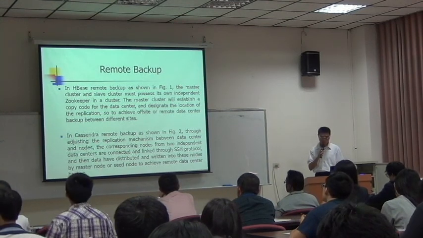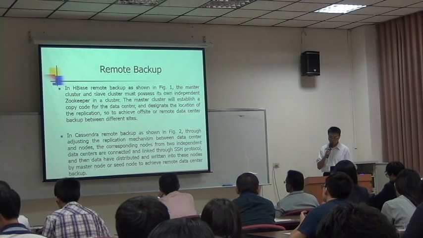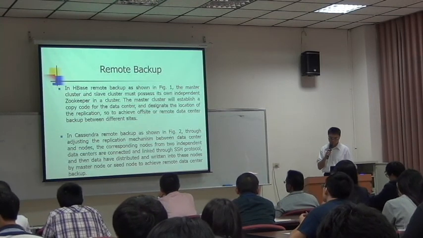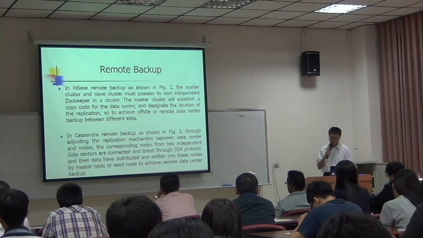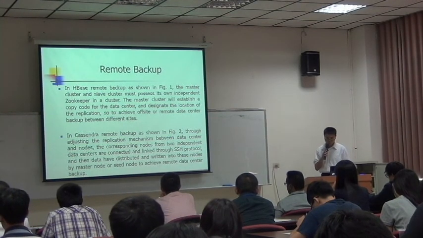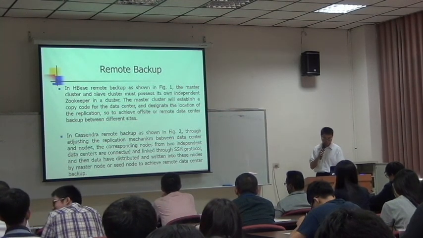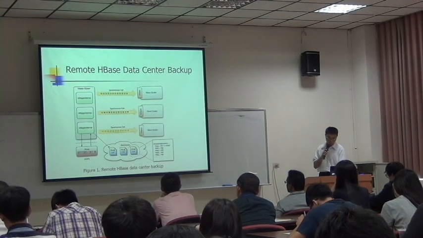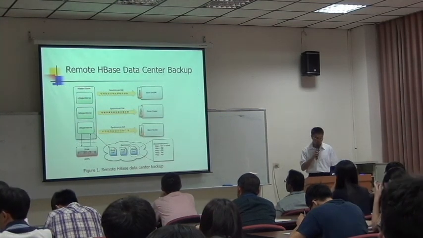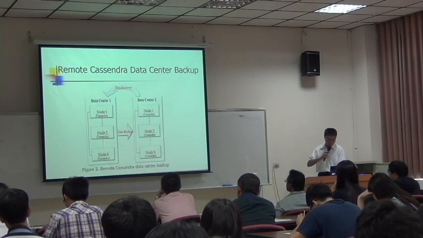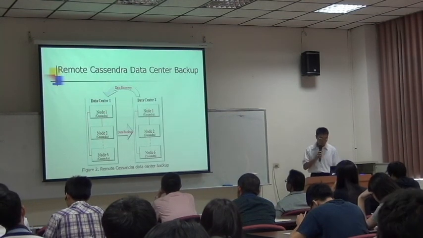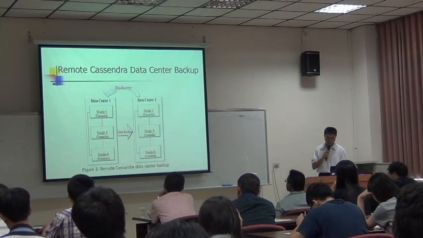Then data is distributed and written into these nodes by master nodes or seed nodes to achieve remote data center backup. This is Figure 1, remote HBase data center backup, and this is Figure 2, remote Cassandra data center backup.